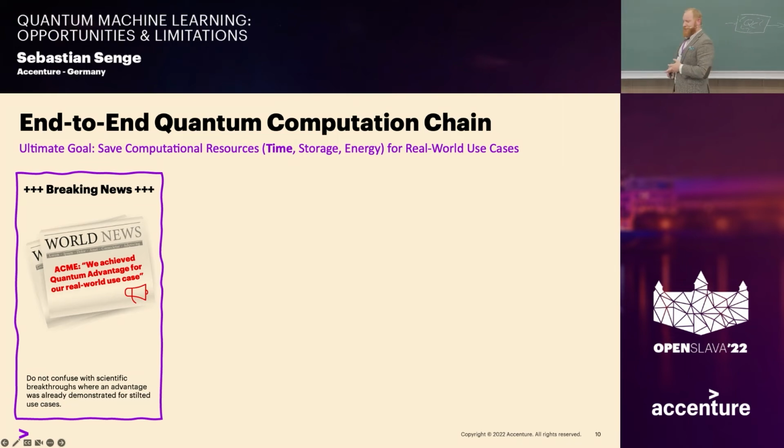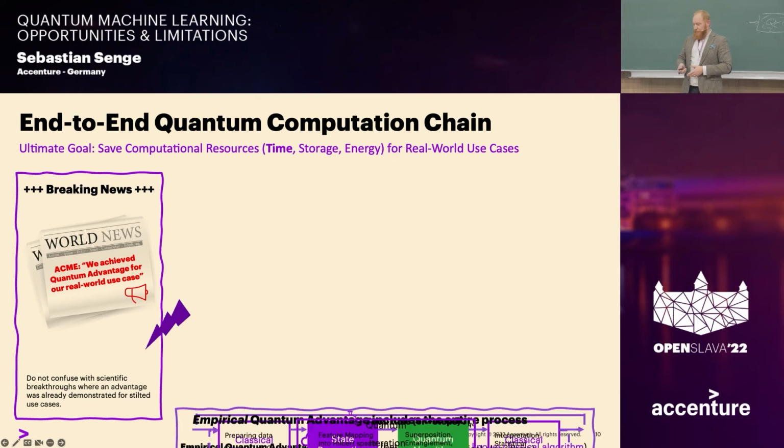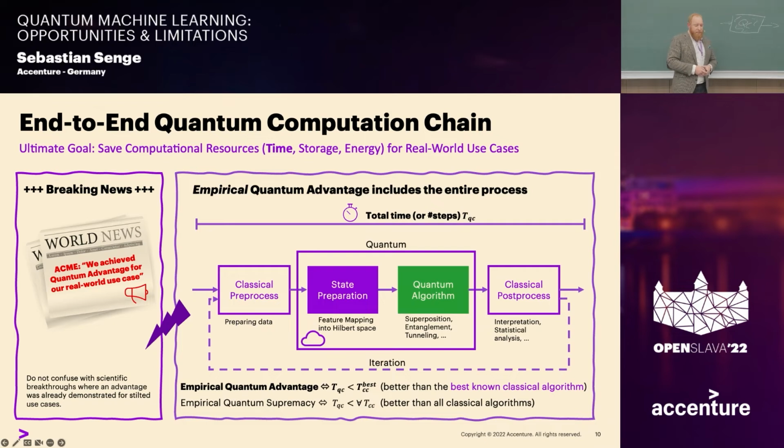it's really interesting that we at least once per week see something like that, right? Some companies are claiming that they basically achieved quantum advantage for an arbitrary real-world use case. Is that really the case? The point is that typically these companies do a couple of tweakings so that they can release such a press release, right?